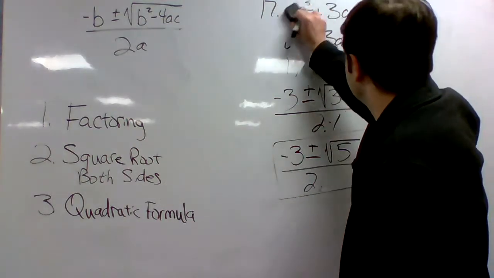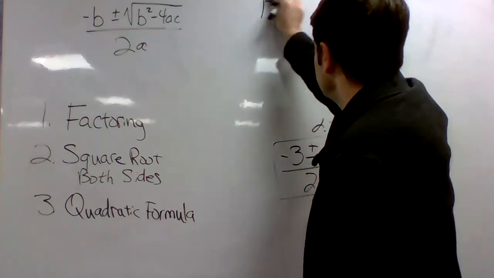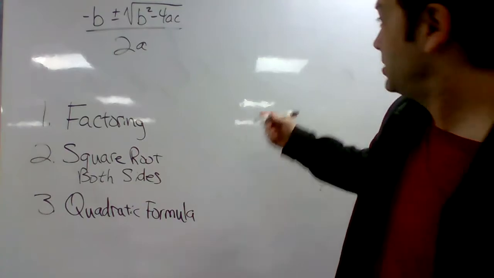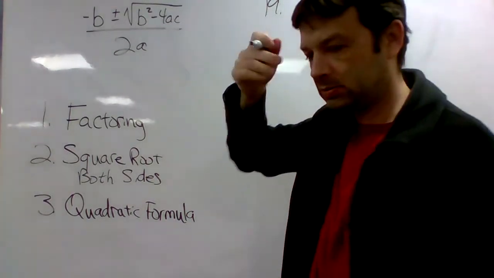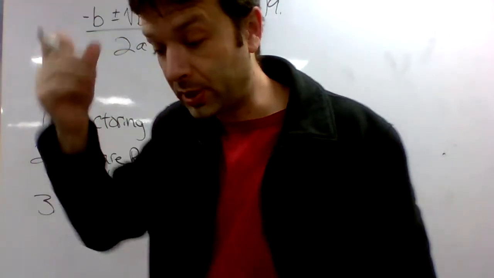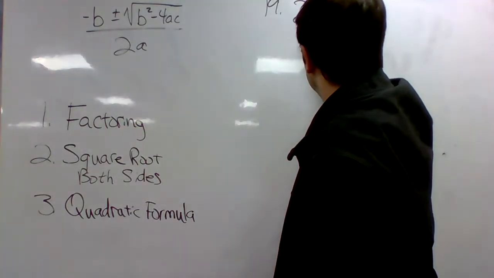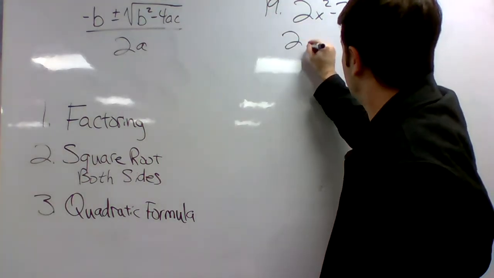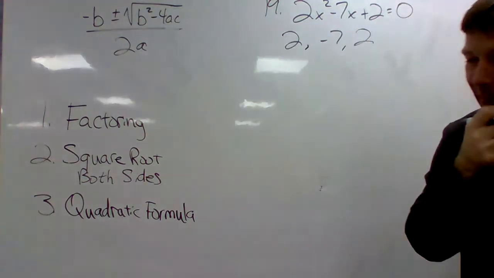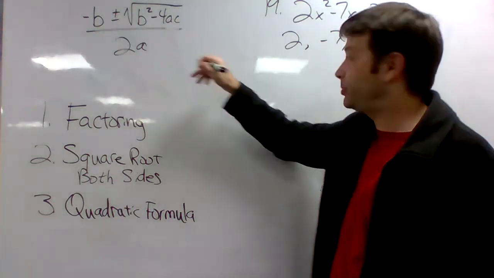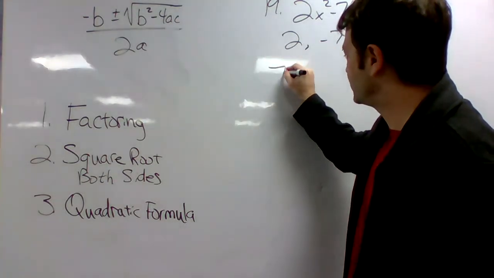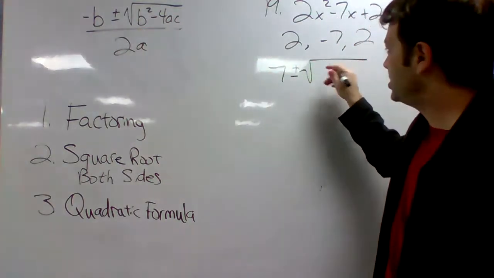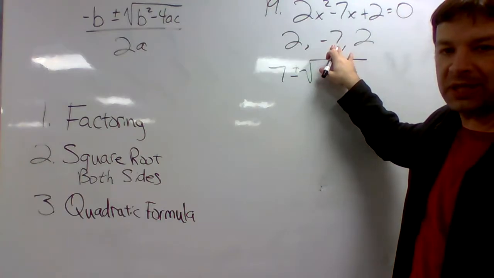Sorry. All right. Says 2x squared minus 7x plus 2. So A, B, C. All right, here we go. Negative B, negative 7 is positive 7, plus or minus square root of, I'm just reading off that, B squared, negative 7 squared.